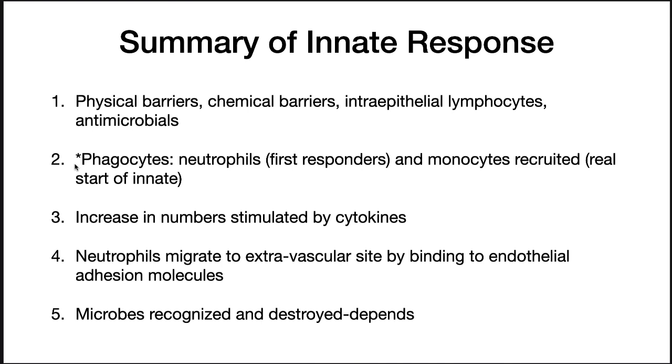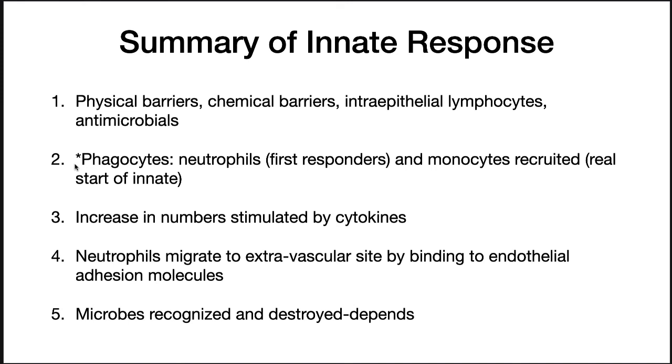Summary of the innate response. The innate response consists of physical barriers, chemical barriers, intraepithelial lymphocytes, and antimicrobials that will attack bacteria. Phagocytes, such as neutrophils, which are first responders, and monocytes and macrophages, which are recruited and are the real start of the innate response.